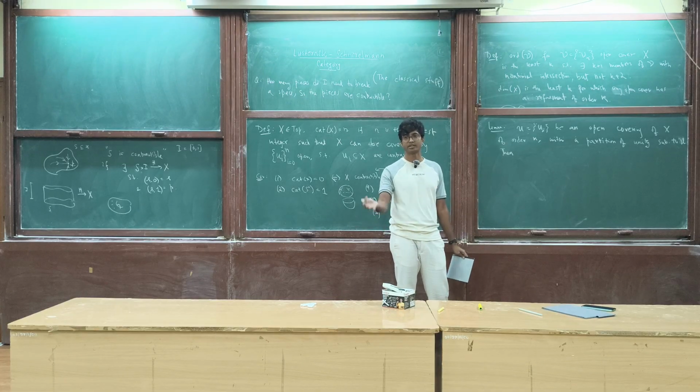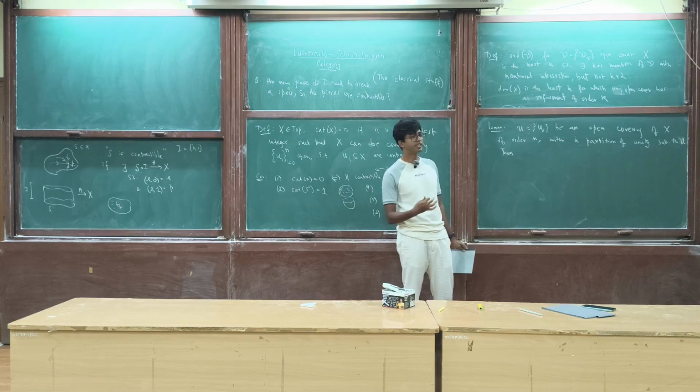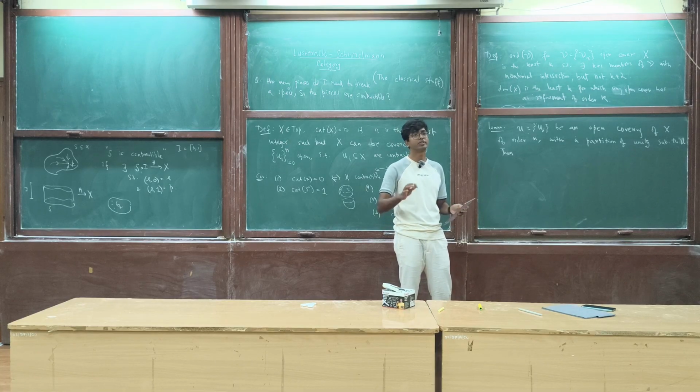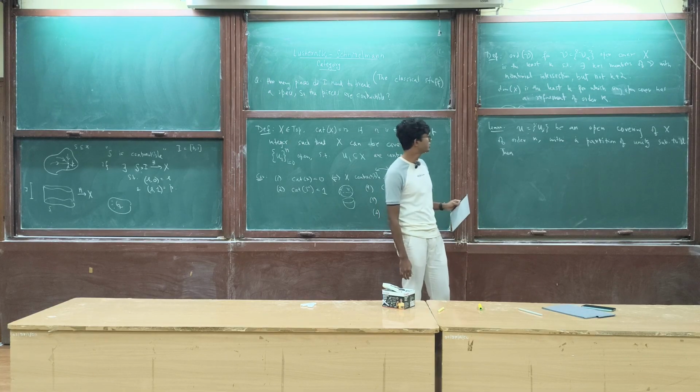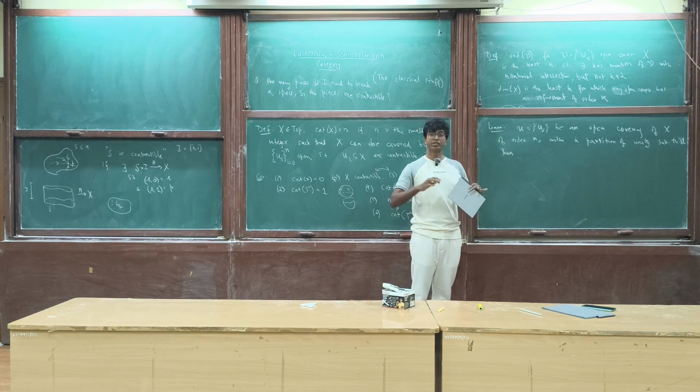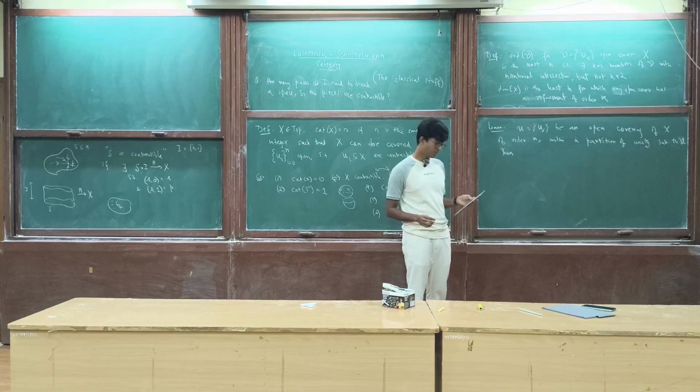It's just something that is always present for smooth manifolds and nice enough spaces. But when this happens, then you can rearrange the open covering in a nice way.